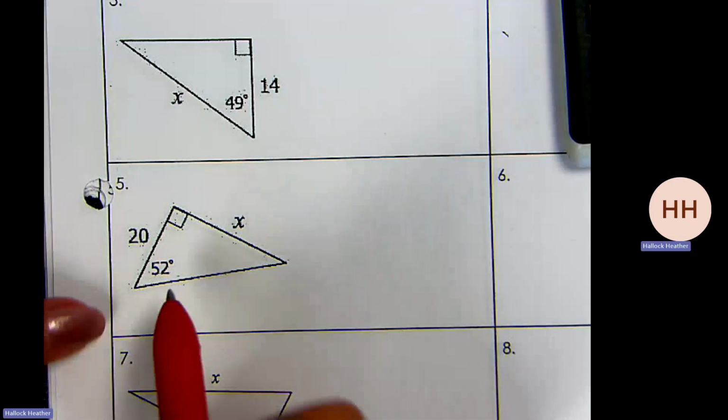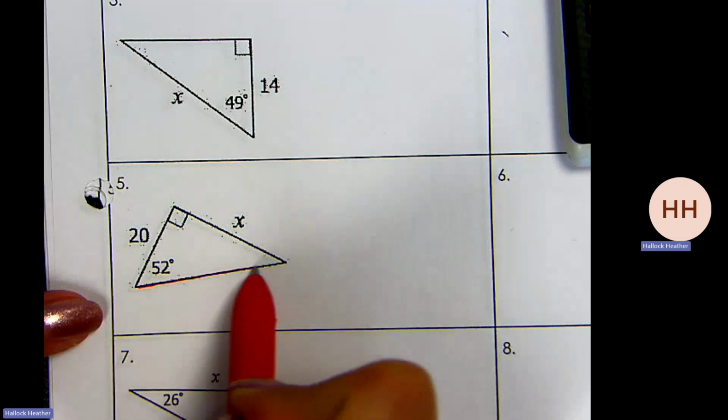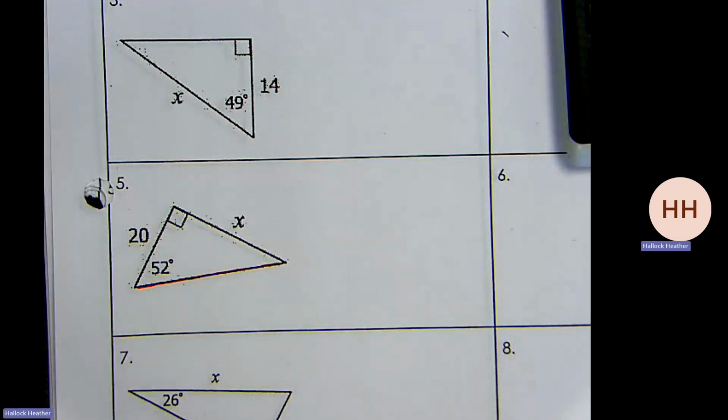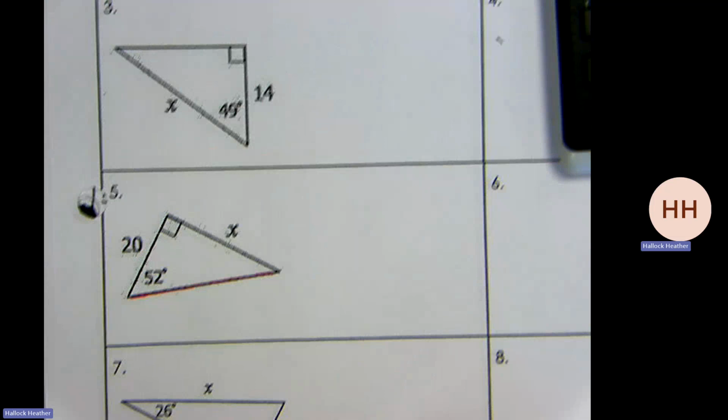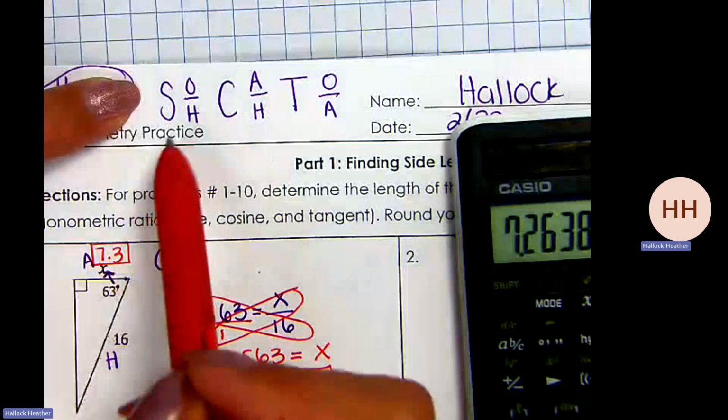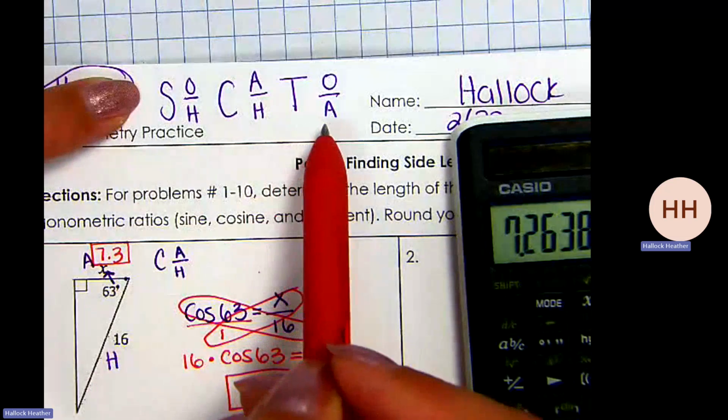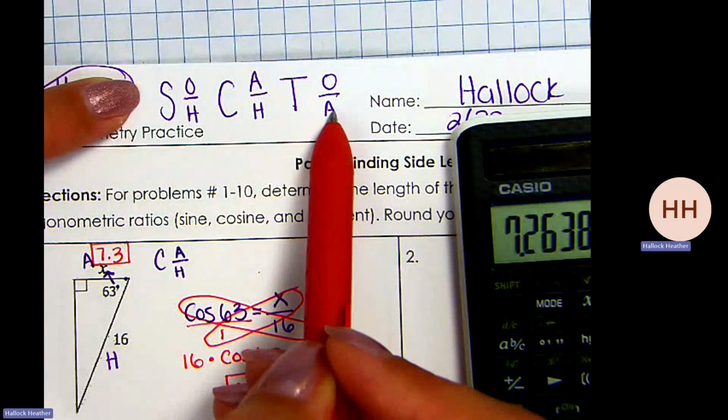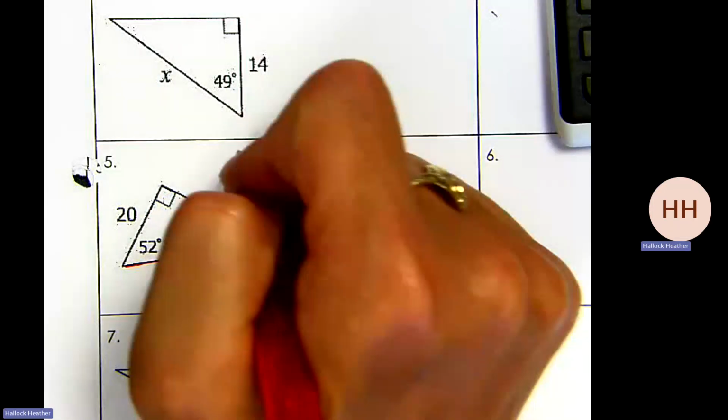No, this is the hypotenuse. I have nothing here. So I am not using the hypotenuse at all. So automatically out of sine, cosine, and tangent, which one is going to be the one I have to use? Tangent. It's the only one that doesn't use the hypotenuse. So tangent is automatically going to be it.